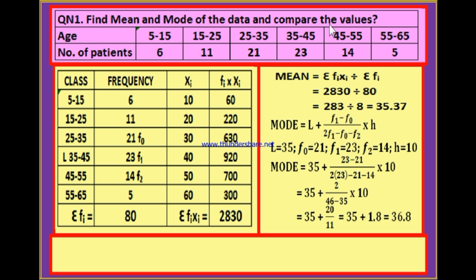Now how can you compare and interpret these values? While finding the arithmetic mean, we took all the frequencies and mid values of all the classes, and we multiplied them and we added. Means in the calculation of arithmetic mean, we took all frequencies and all mid values into consideration.